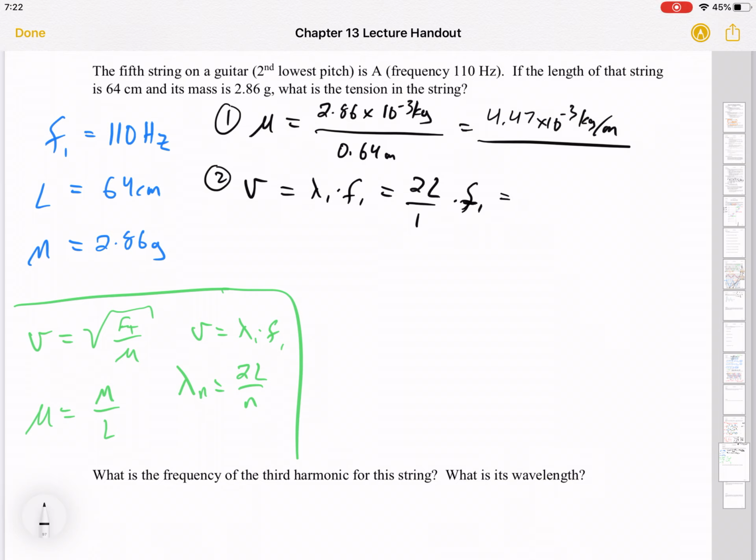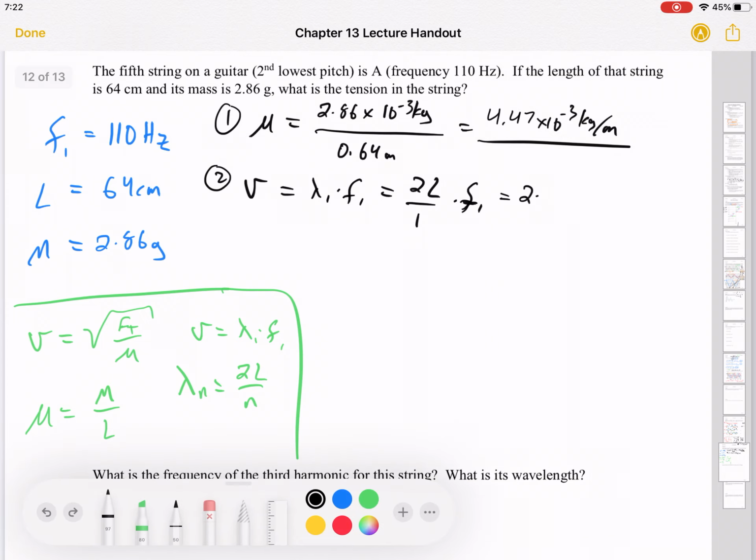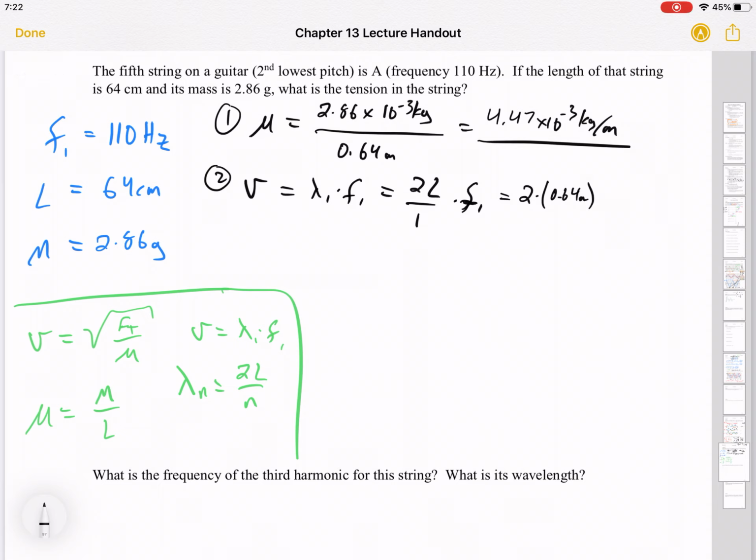So I can plug that in. 2 times the length, 0.64 meters, times that frequency, 110 hertz. Hertz is an SI unit because it's 1 over seconds. What I get for the wave speed is 140.8 meters per second.